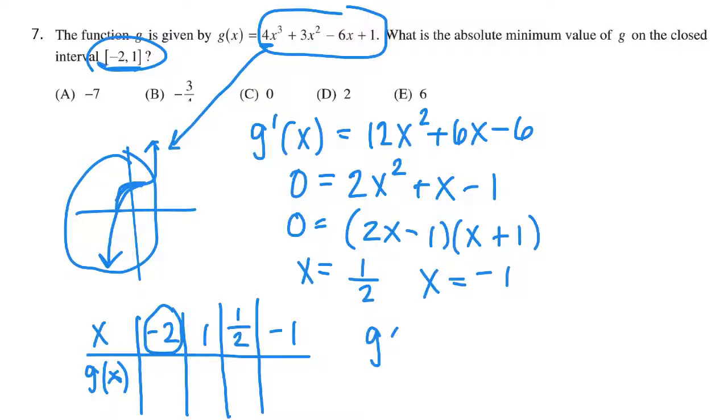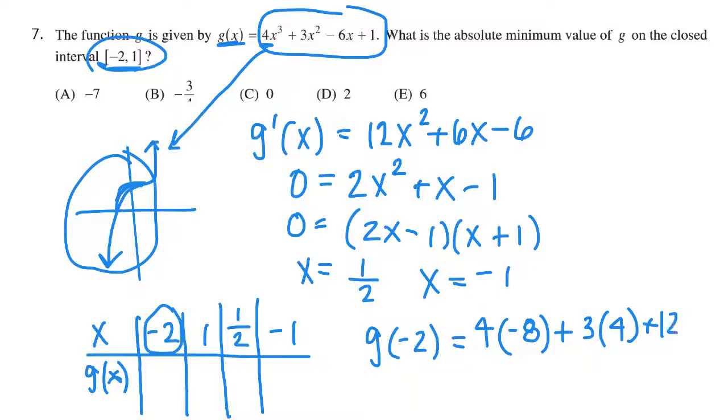So g at -2 equals, and notice I'm plugging in g because I want the minimum value of that function. So let's see, 4 times, well, -2 cubed is going to be -8 plus 3 times -2 squared, and -6 times -2, positive 12, and then plus 1.